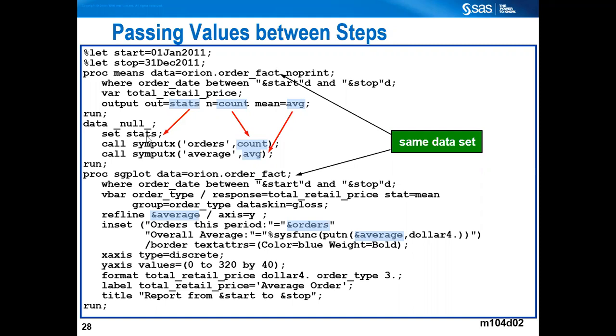We know this data set has only one row, so it is reading only one row from the input data set, and you're creating macro variables. But there is no output data set, because CALL SYMPUTX works only within a data step. We want to create a macro variable through CALL SYMPUTX, but we are not creating any data set. Hence, we are using this _NULL_ data set. That's it.